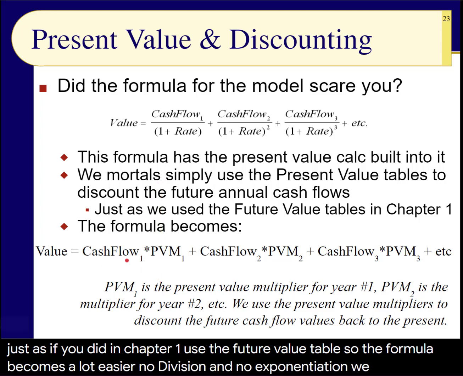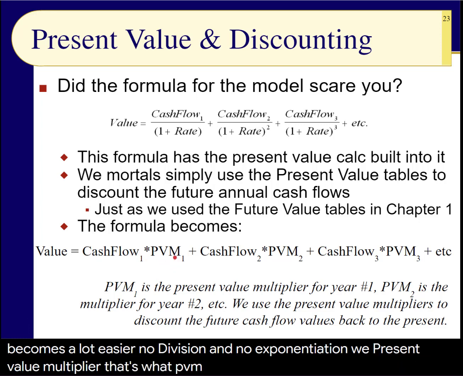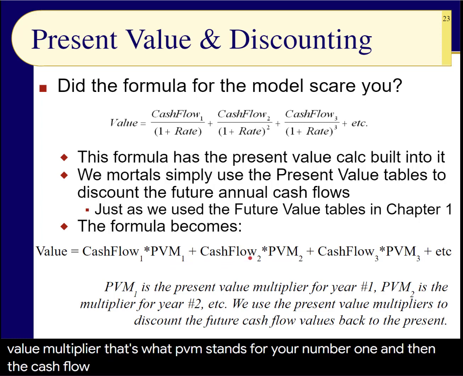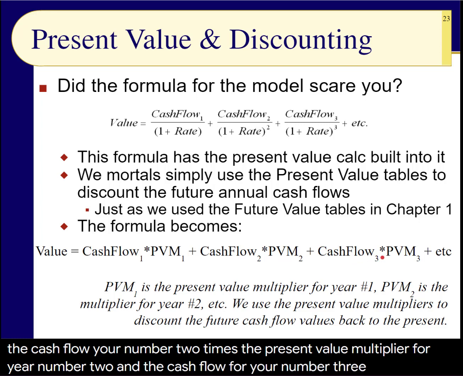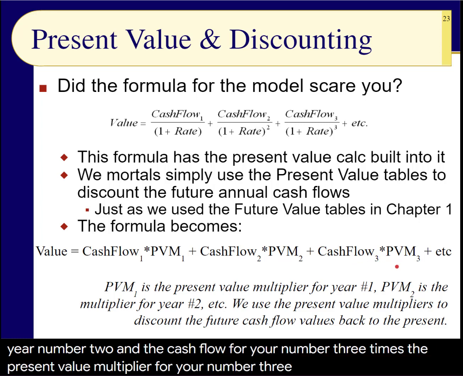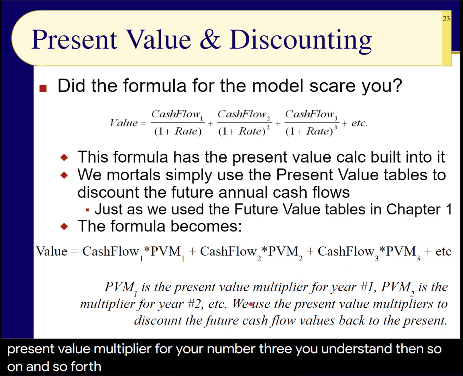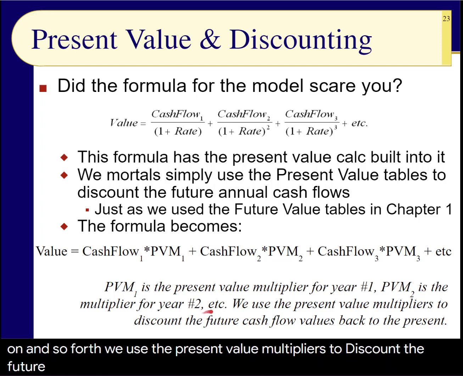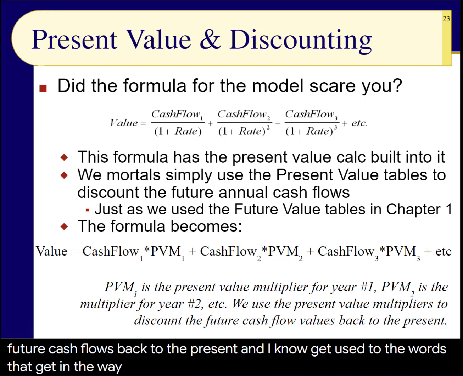We take the cash flow in year number 1 times the present value multiplier, that's what PVM stands for, at year number 1. And then the cash flow of year number 2 times the present value multiplier for year number 2. And the cash flow for year number 3 times the present value multiplier for year number 3. And then so on and so forth. We use the present value multipliers to discount the future cash flows back to the present. And I know, get used to the words, they get in the way, because the calculations are very simple.